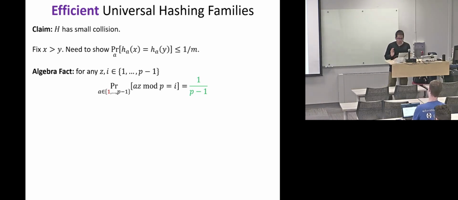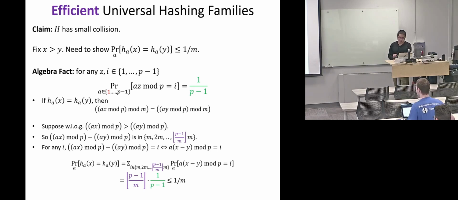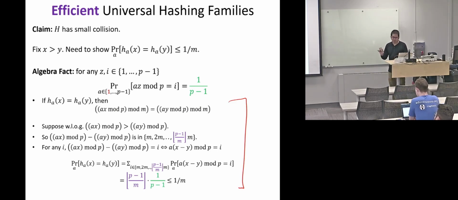For now, I will not show the proof. The proof is actually simple math, but I would need to skip it for now. Let's see if I have time, but skip it for now. Just do some simple math and you can prove this.